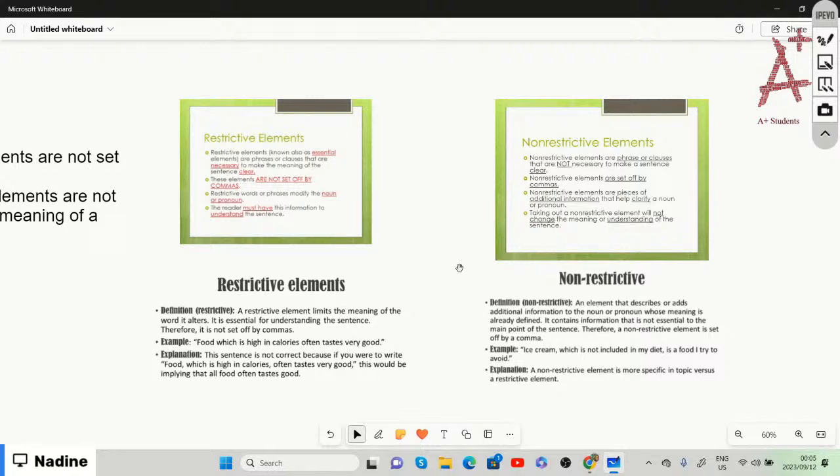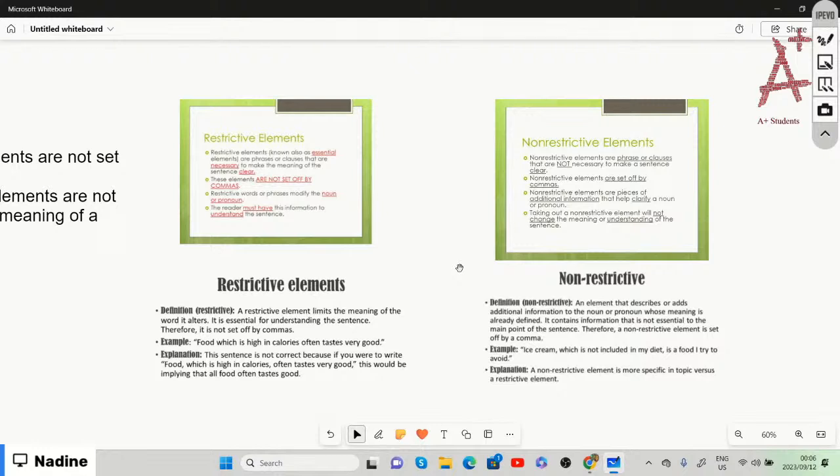And an example of a restrictive element, right, is: food which is high in calories often tastes very good. So when it comes to this sentence, as you can see, there are no commas at all.